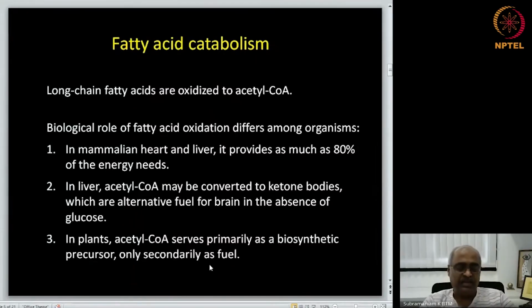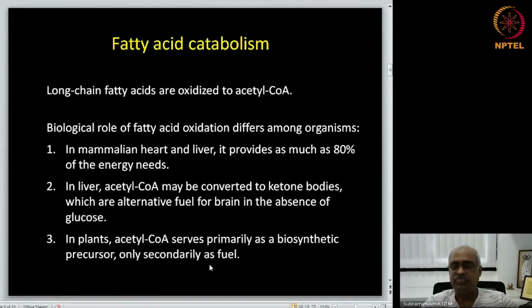Nitrogen, I already told you about amino acids. Then the fourth one, nucleic acids, we are not even going to touch. And the last left here is fatty acids. Fatty acids have a very important role in the energy dynamics in our system, in terms of energy storage and the production of energy.